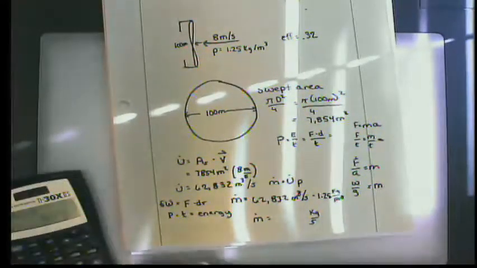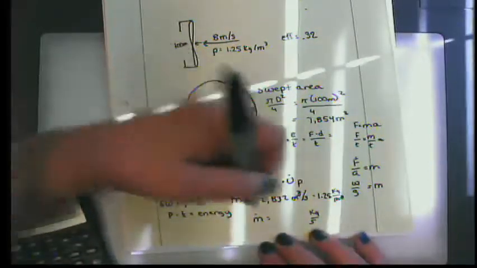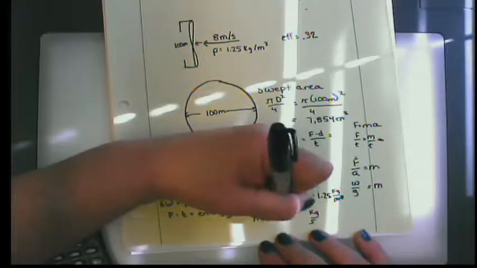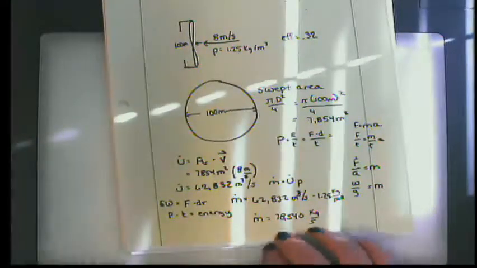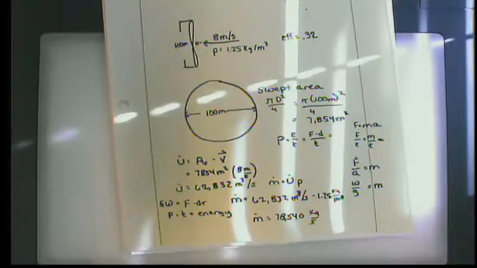So I take 62,832 multiplied by 1.25 and I get a mass flow rate of 78,540 kilograms per second. All right.